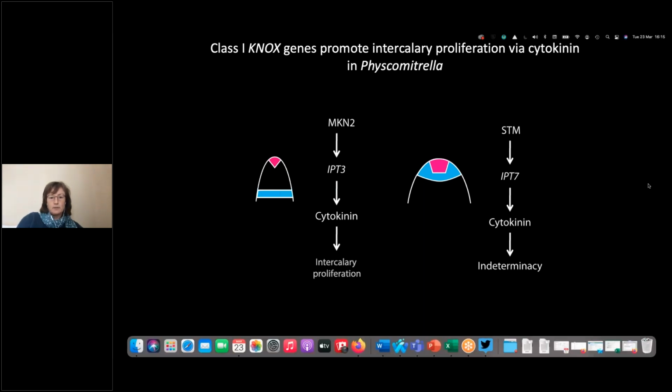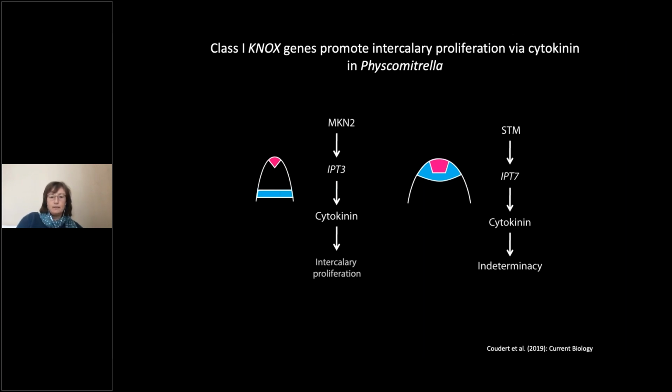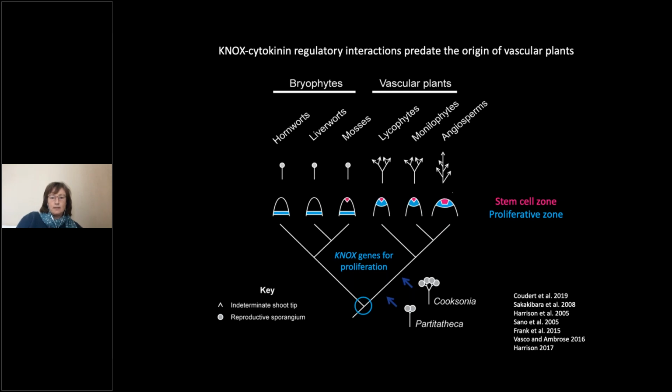In Arabidopsis, the class 1 KNOX gene STM promotes IPT7 expression and cytokinin biosynthesis, and again acting in the blue region of the meristem shown on the right-hand side of the slide, and this leads to sustained proliferation of the meristem.